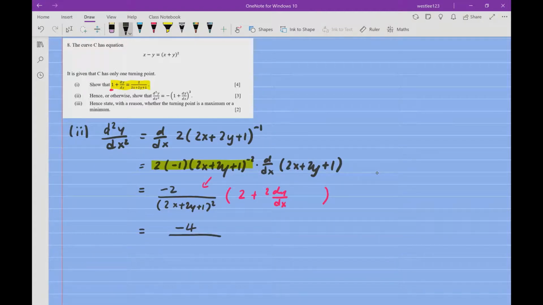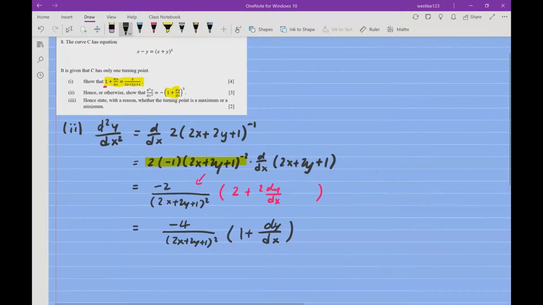In this case, I'm supposed to have (1 plus dy/dx) cubed on the right hand side. So I'm going to factorize out 2 from the second term so that I have 1 plus dy/dx out, one of them. So out of the 3, I have one of them out already.